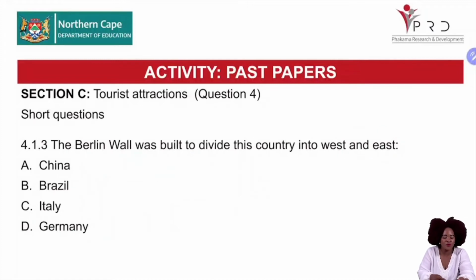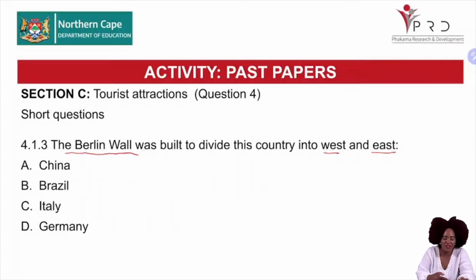Let's move to 4.1.3. The Berlin Wall, it is one of the 13 icons that you did. The Berlin Wall was built to divide this country into West and East. A, China. B, Brazil. C, Italy. D, Germany.